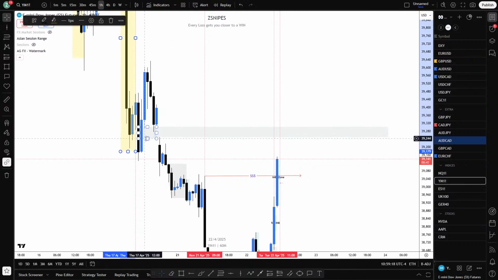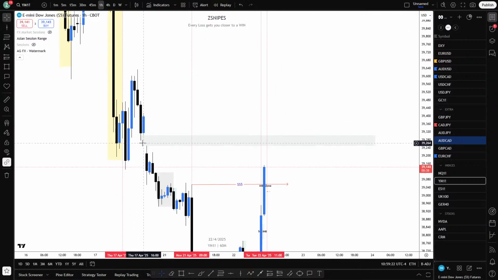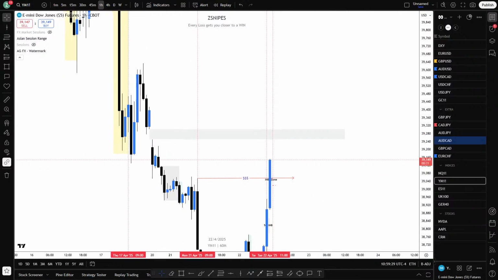Hit this gap and we'll be done. I'm going to see if the gap is actually on my broker too. Yep, that's a free take profit. Let's hit this gap and we'll be done for the day.